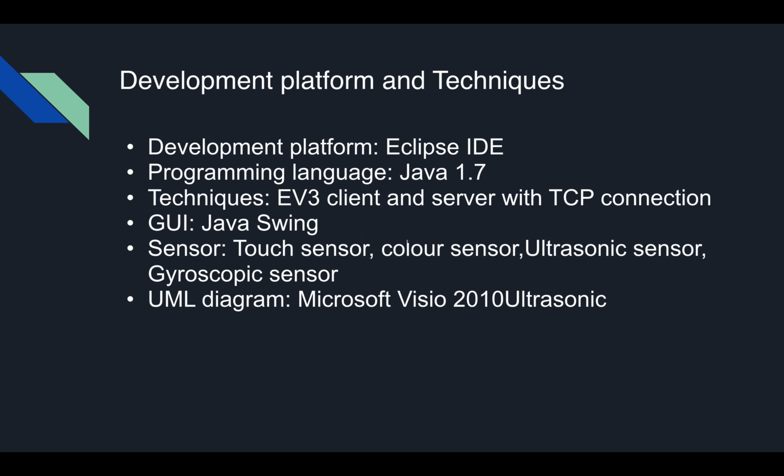We use Java Swing for GUI support. And we use touch sensors, color sensors, ultrasonic sensor, and gyroscope sensor for programming. And we also use Microsoft Visio 2010 for UML diagrams.